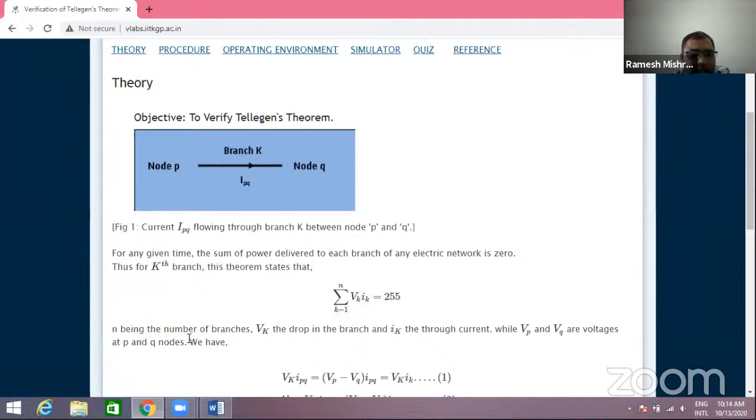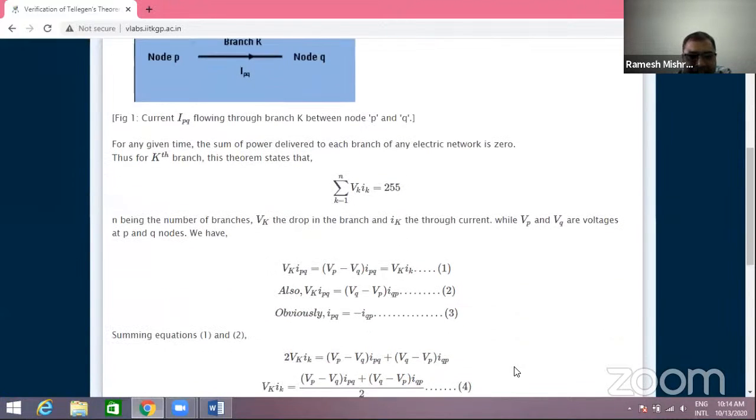Now, n being the number of branches. The number of branches should be counted by n, where Vk is the drop in the branch and Ik the through current, while Vp and Vq are the voltages at the P and Q nodes.